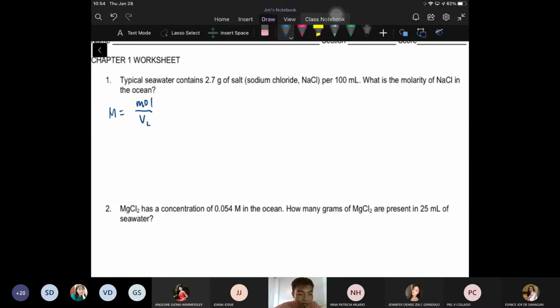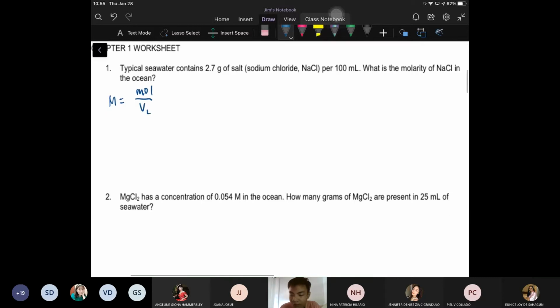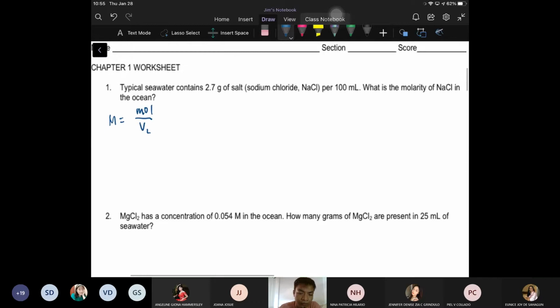Okay? So ginaganyan ko po talaga. Pag may nakita kayong V sub L, V subscript L, ibig sabihin yon volume in liters. Okay? So para ma-remind tayo na the unit should be in liters. Okay. So yan. Then, what's the problem? We are given with the mass of the salt and not the moles, no?